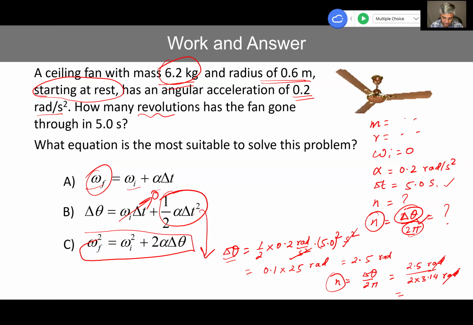It looks like this is less than 1 revolution. Hopefully I did not make a mistake. Half alpha t squared, so yeah, looks about right. So this fan starts moving really slow. Tick, tick, tick, tick, tick, 5 seconds. Only about how much? A quarter? 0.4, so slightly less than half a revolution.